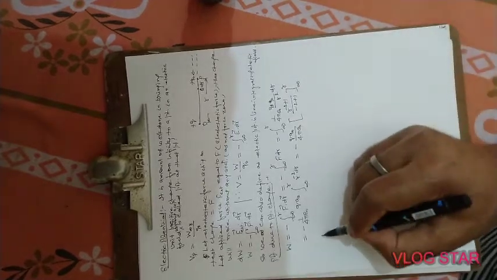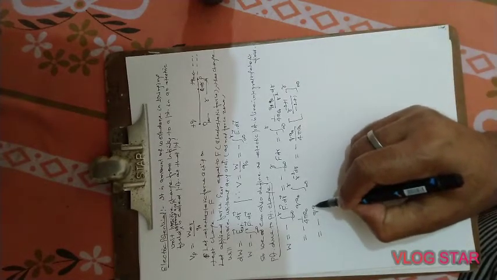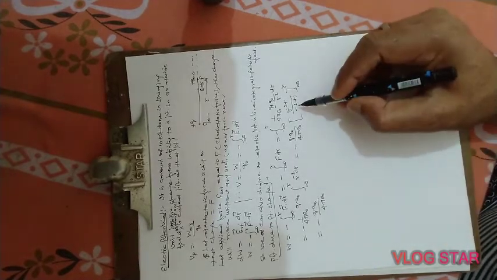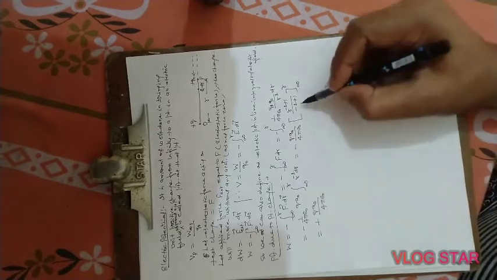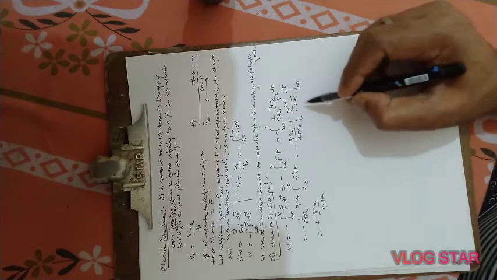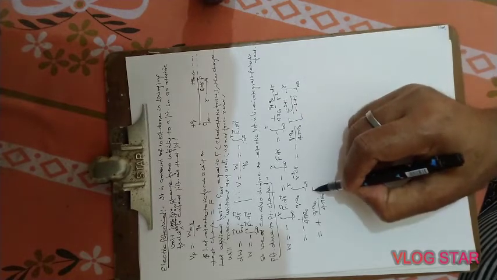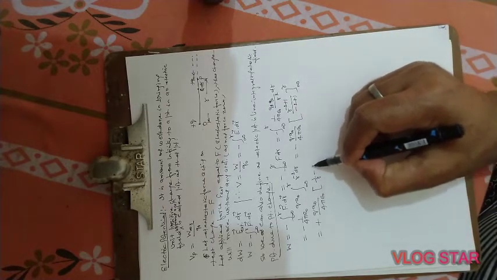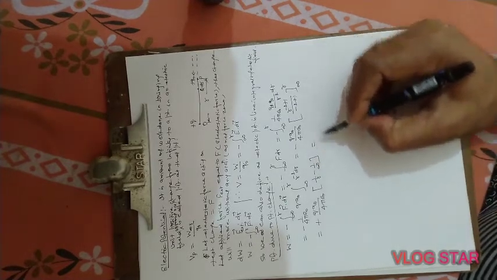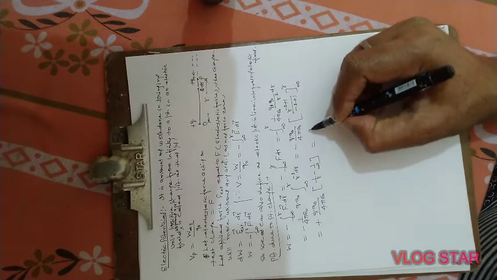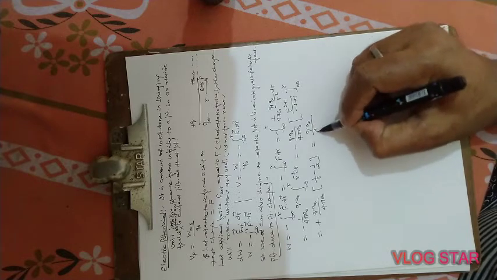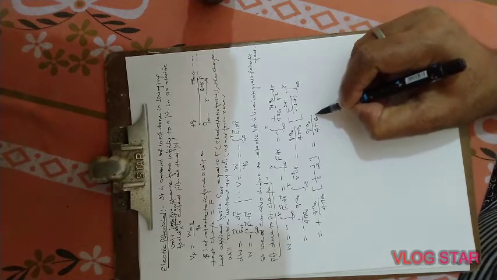That equals minus q naught upon 4 pi epsilon naught times minus 1 upon r, that is 1 upon r minus 1 upon infinity, which gives q naught upon 4 pi epsilon naught r.